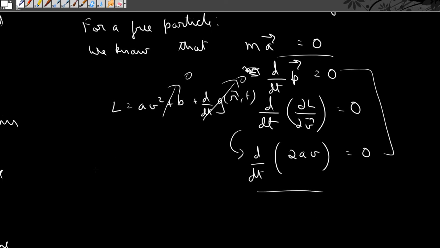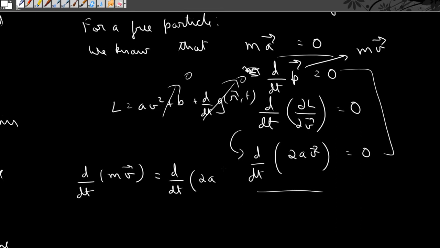So this will be the vector v. This p is defined as mass times the velocity. So d by dt of mv must be equal to d by dt of 2av. So this implies a should be equal to m by 2.